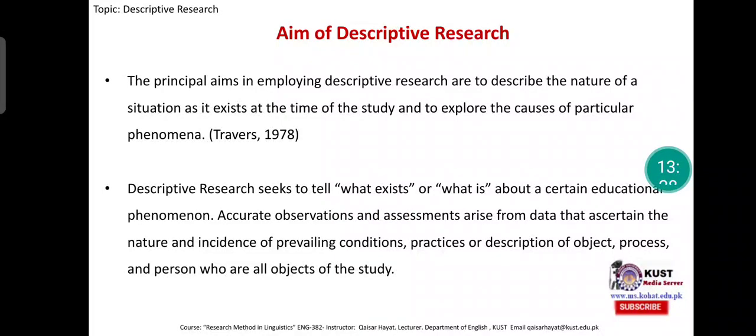These two questions are very important in descriptive research: what exists or what is about a certain educational phenomenon or any type of phenomena. Accurate observation and assessment arise from data that ascertain the nature and incidence of prevailing conditions, practices, or description of objects, processes, and persons who are all objects of the study.